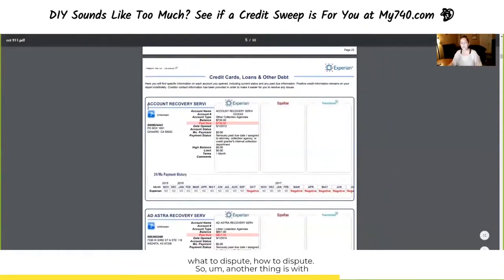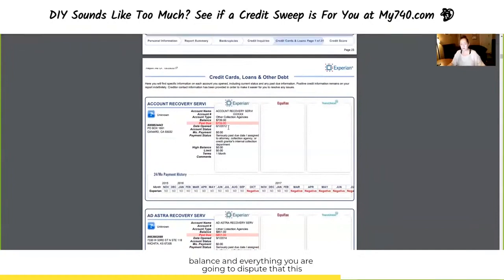So another thing is with these collections, don't even bother disputing the balance and everything. You are going to dispute that this account is unknown, okay? So with the collections, you already have your collection letter 1. If you need 2, 3, and 4, you can contact me, and I'll either take you on as a client, or you can purchase them from me, along with the instructions.